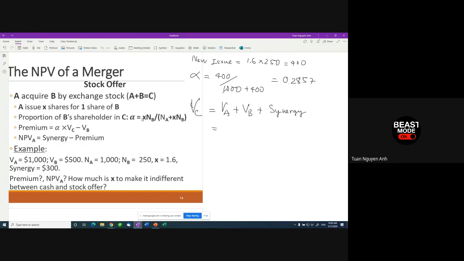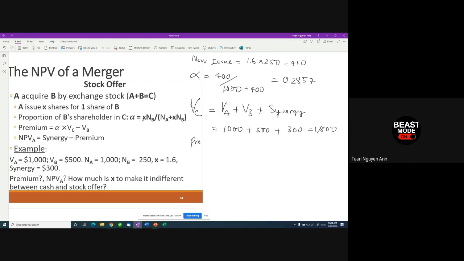So it is equal to 1,000 plus 500 plus the synergy of 300, which is $1,800.